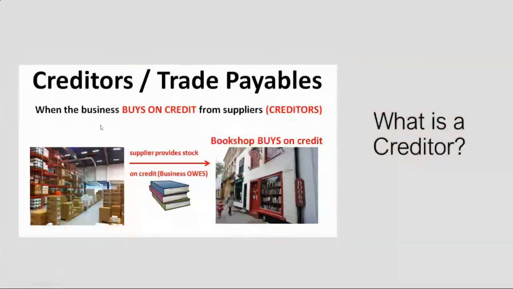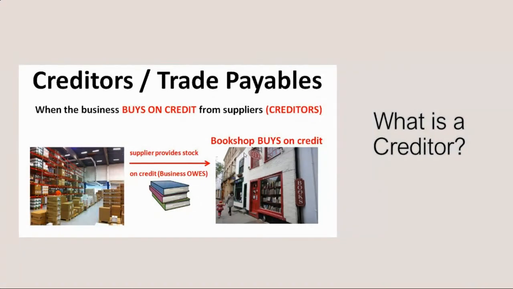In this case, the supplier provided stock to us, the bookstore, so they provided books on credit. We're taking the books now and we're going to pay them back later. Once we sell the books, we generally settle our account with our supplier, and that supplier is called a creditor.